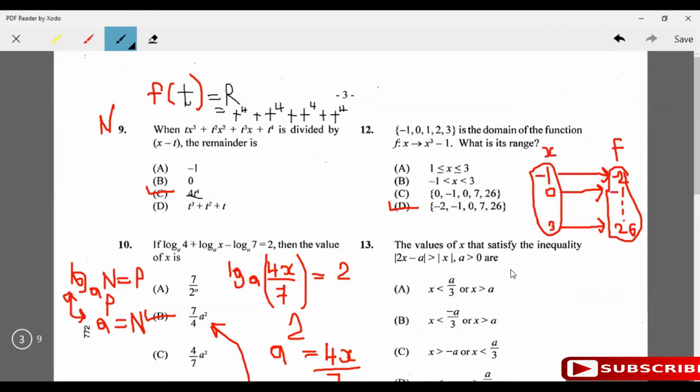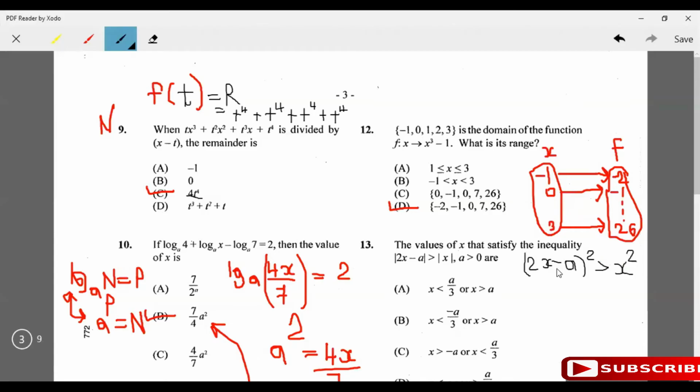So we square both sides, and we're going to have (2x minus a) all squared is greater than x squared.